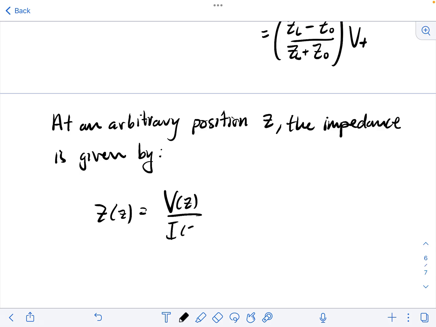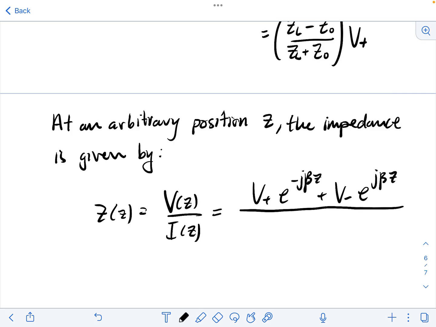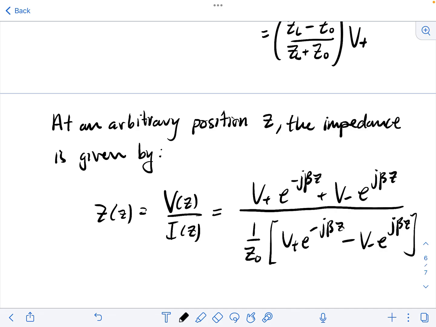Okay, so that's just going to be V plus e to the minus j beta Z plus V minus e to the plus j beta Z is the voltage amplitude, and then divide by current, which is 1 over Z naught times V plus e to the minus j beta Z minus V minus e to the plus j beta Z. Now all I'm going to do is rearrange a little bit.